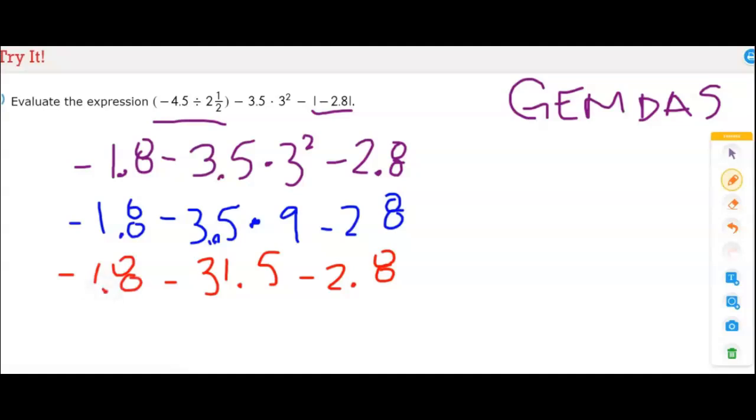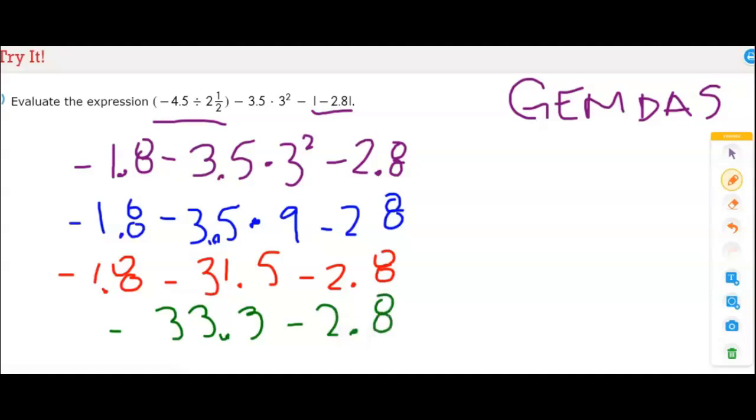Okay, now I'm going to do the next part of GEMDAS, which is addition or subtraction, starting left to right. But I don't have any addition, all I have is subtraction. So I'm going to just start subtracting from left to right. So negative 1 8/10, again using the calculator, negative 1 8/10 minus 31 5/10 is going to give me negative 33 3/10 minus 2 8/10.